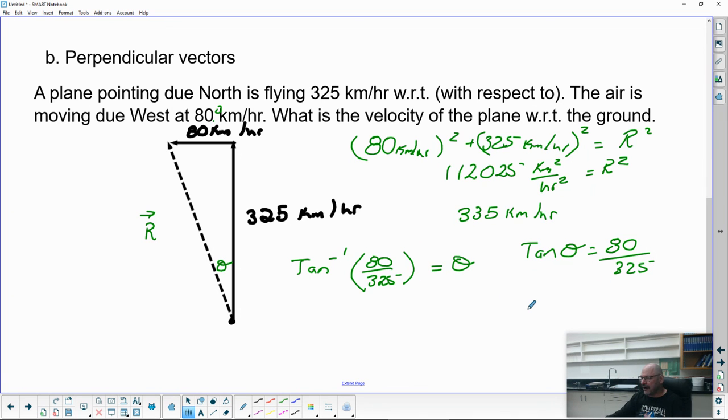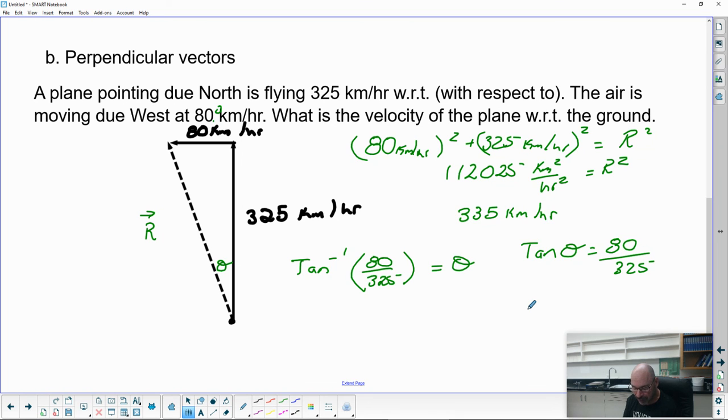So then you take your calculator out. Make sure your calculator's in degrees. We're not using radians in physics. We're using degrees. If we do angular velocity, we might use some radians. So I go inverse tan or second function tan on my calculator, and then I go bracket 80 divided by 325, close the bracket.